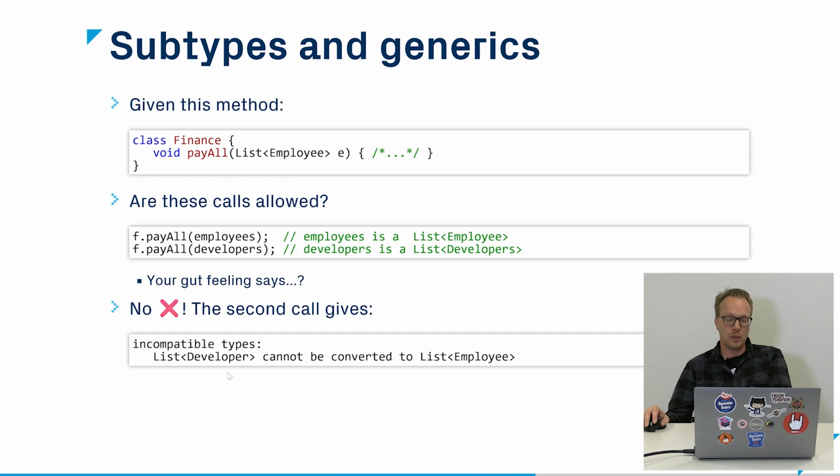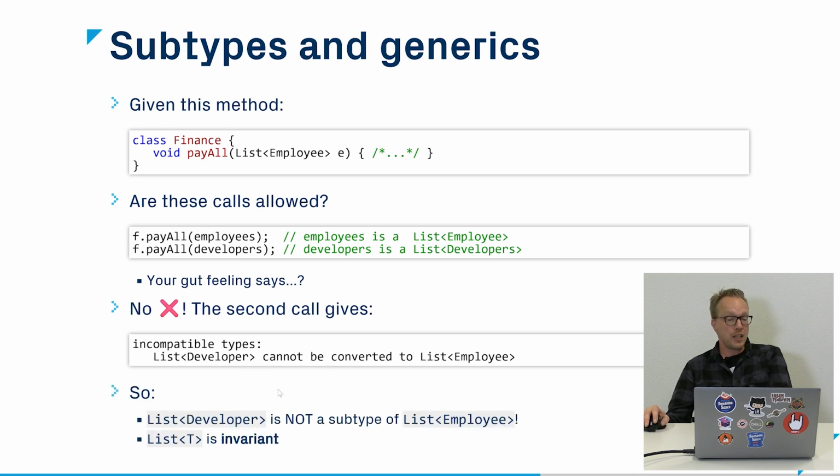I will show you in a few seconds actually. And the compiler says a list of developer cannot be converted to a list of employee. So we can say a list of developer is not a subtype of list of employee. And therefore in our jargon, we say list of T is invariant, which means you have to put that type into it, what's expected, and nothing else than that.